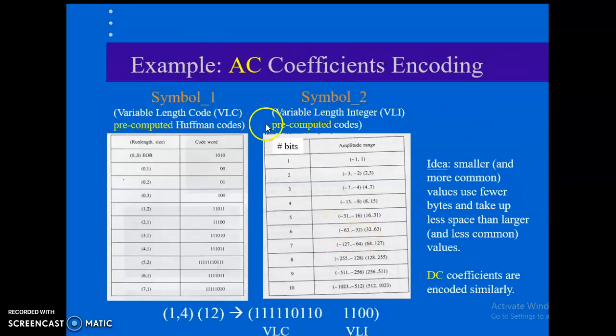Example AC coefficient encoding: symbol 1 uses a variable length code, VLC, and symbol 2 a variable length integer, VLI, both from pre-computed codes. These are the pre-computed Huffman codes.